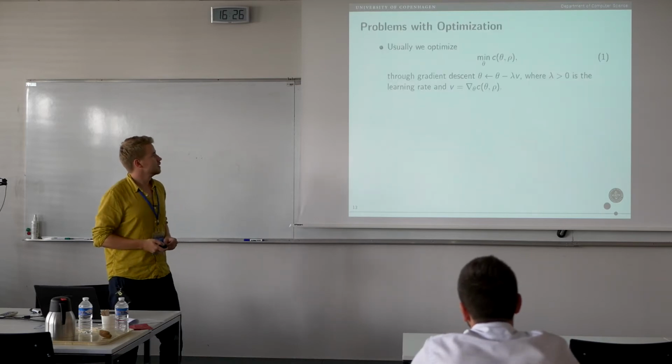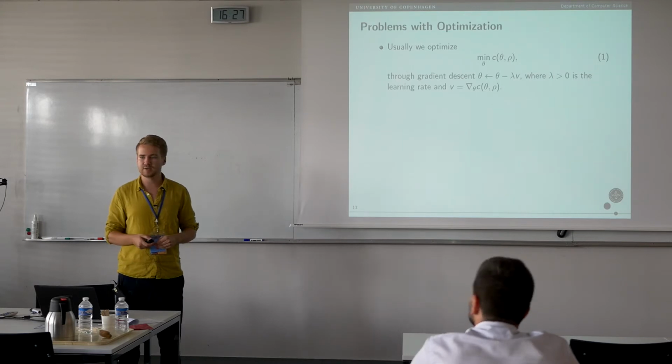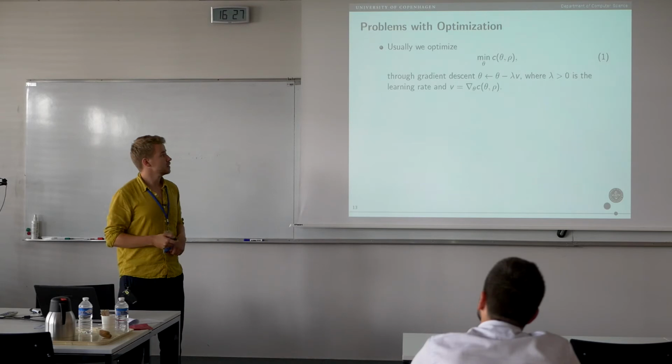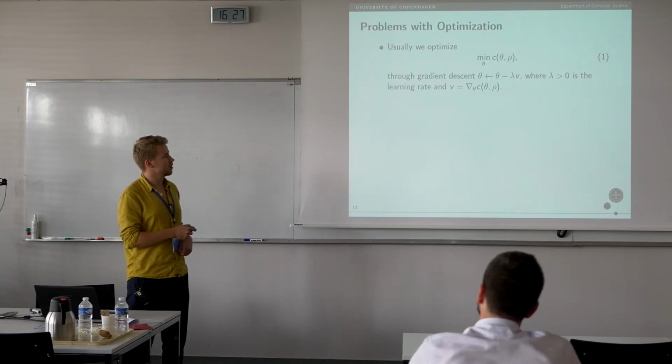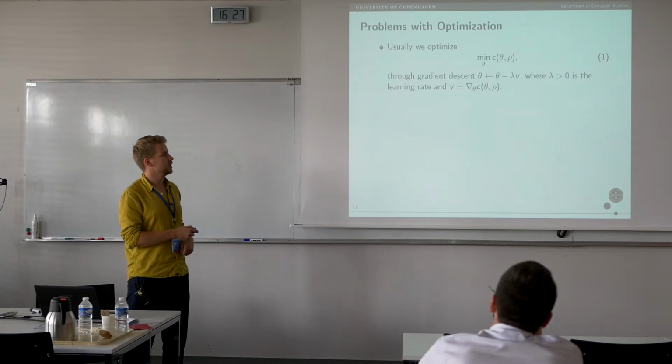Right. So usually when we optimize such a similarity measure, we do it by gradient descent. At each step, we take our current guess for the parameter and update it with some learning rate times the negative gradient given here.